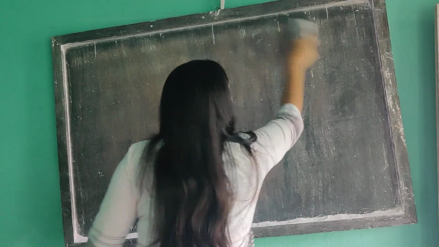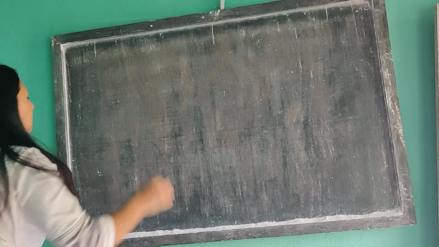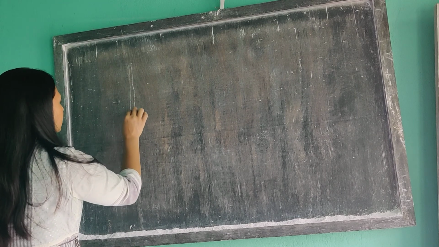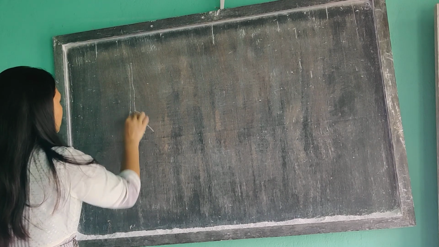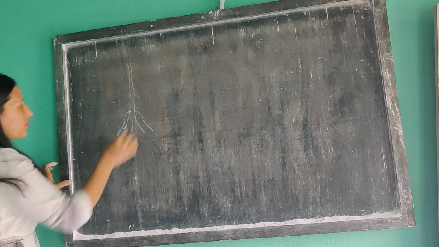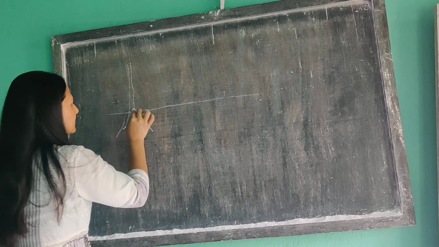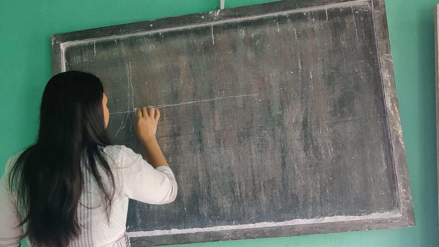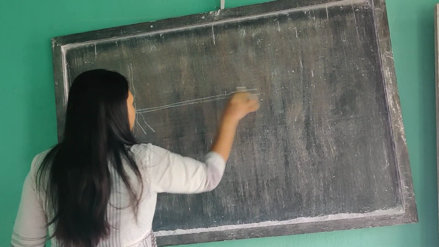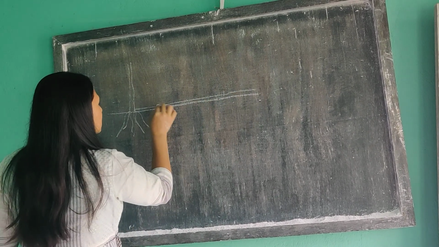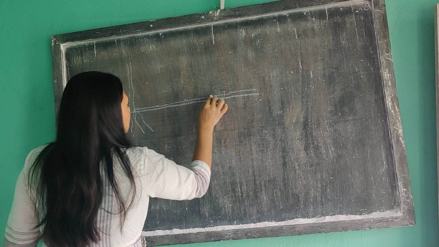In grasses, suppose this is a grass plant. This is the root of the grass plant. As I told you earlier, in grasses there is a subaerial stem. The subaerial stem grows just above the ground like this. As you know, stems have nodes at certain intervals.